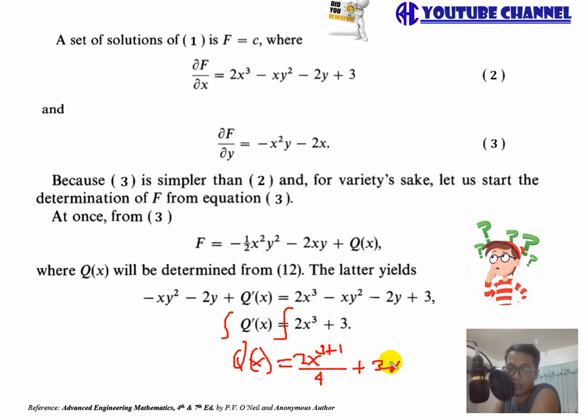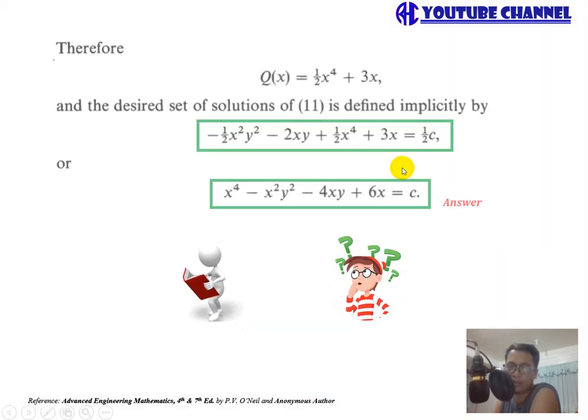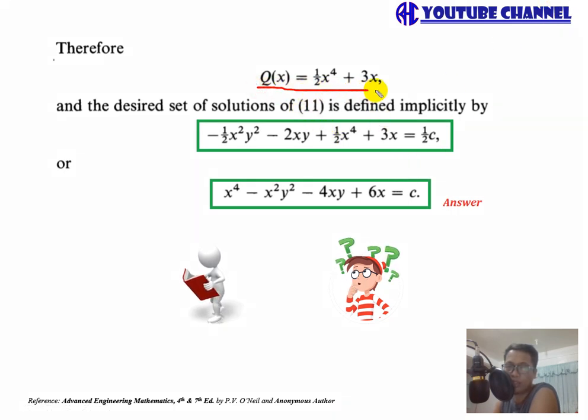Hindi na tayo maglalagay ng constant kasi equate na natin sa function as constant. So equal yan sa x to the 4th over 2 plus 3x. So balik tayo, continue tayo. Ito na si Q.